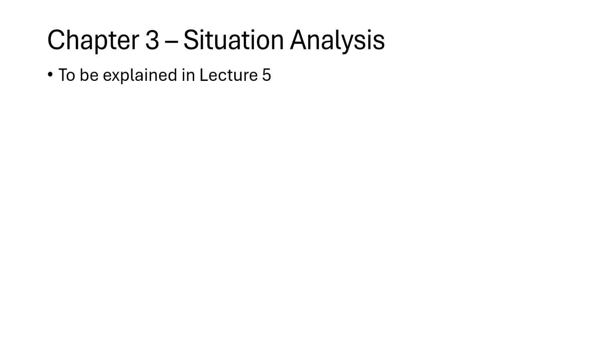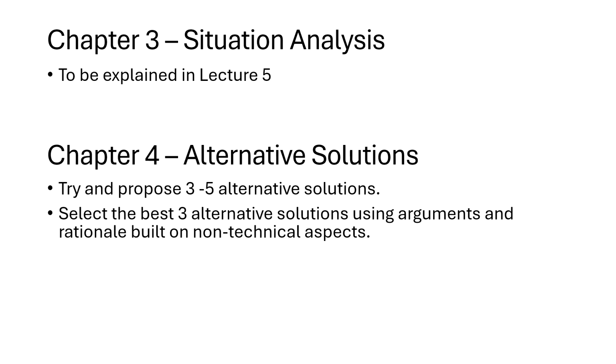So that is 2.3. And chapter 3, I'm not going to touch. That is a situation analysis that will be explained to you in lecture 5. And chapter 4 is the alternative solutions. At least you should initially formulate about 5 different solutions, right?